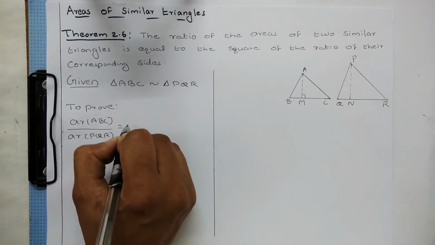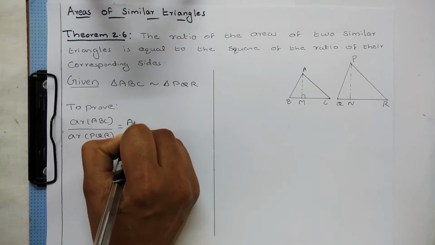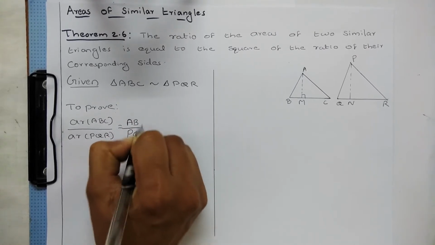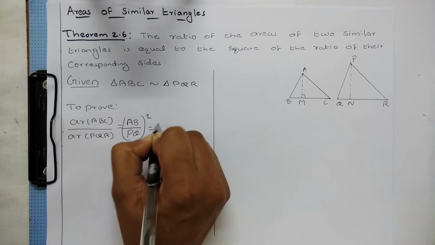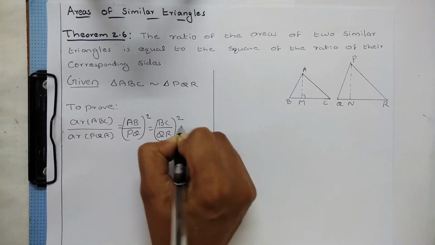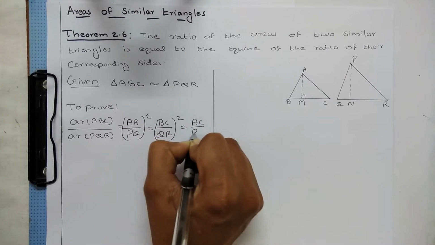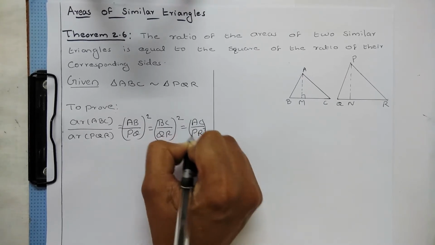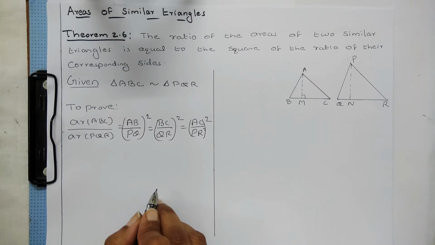So the square of the ratio of their corresponding sides, in the sense AB by PQ the whole square is equal to BC by QR the whole square is equal to AC by PR the whole square. This is what we need to prove.